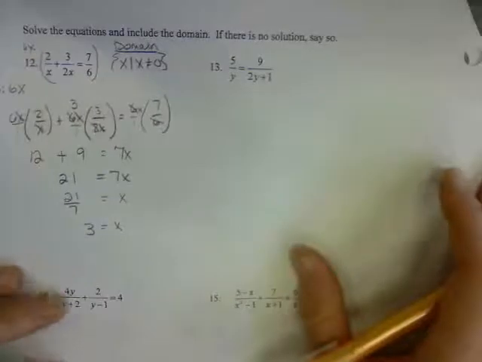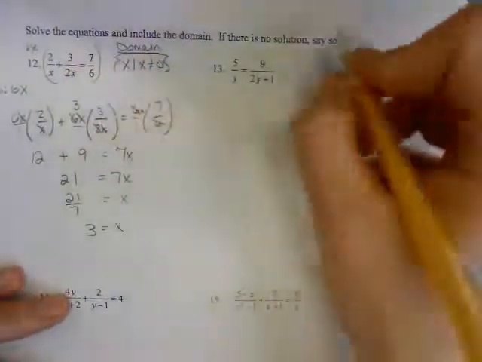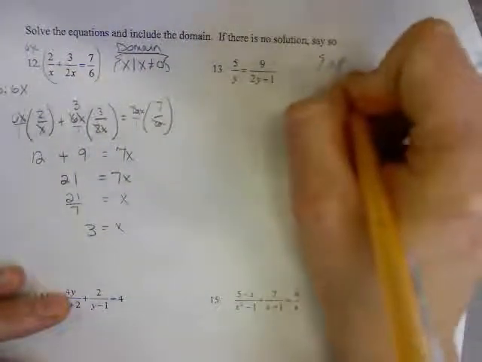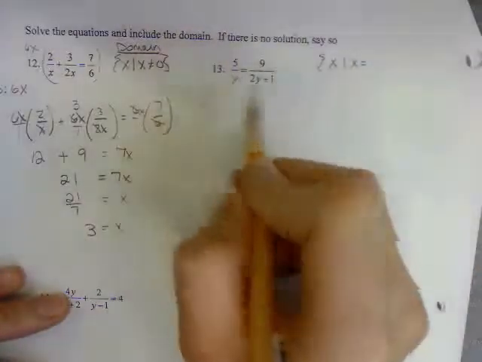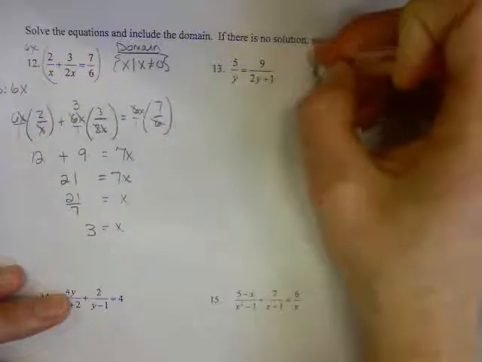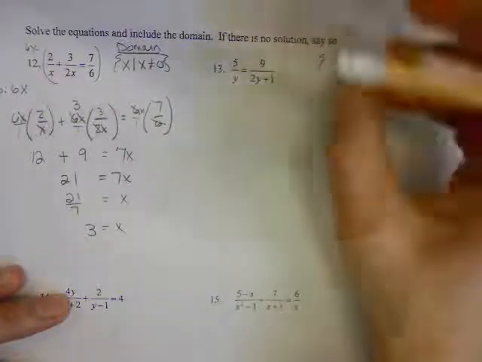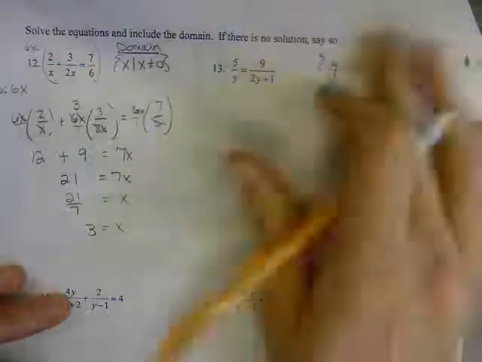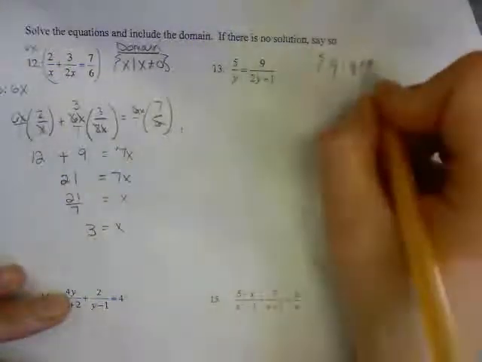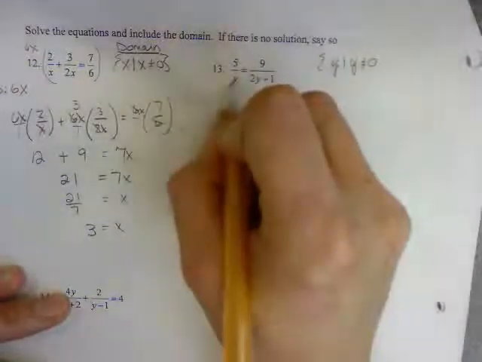In 13, if we want to set up the domain first, in this case our variable is a y, so we can write the domain as y such that y cannot equal 0 for this factor, since we can't substitute 0.